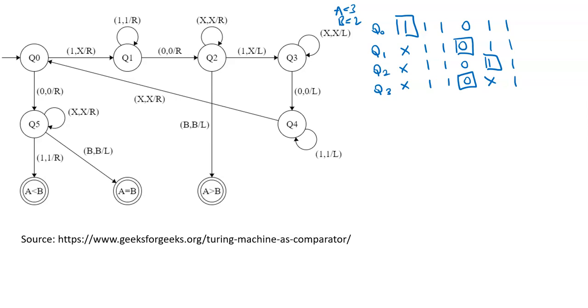Q3, we can see we've got 0, so we need to move to the left and put us in state Q4. Q4, we have this loop which makes us move left once and then left again, putting us here.